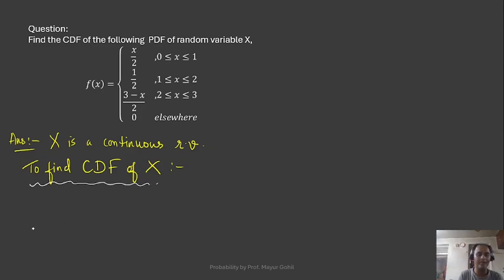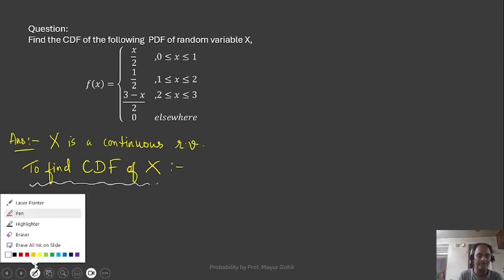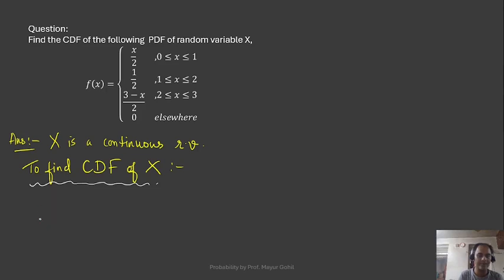Now the formula I'll give you is this. The formula is only one formula. It is F of x equals the integral from minus infinity to small x of f of u du. This capital X that you see is the random variable that is concerned.